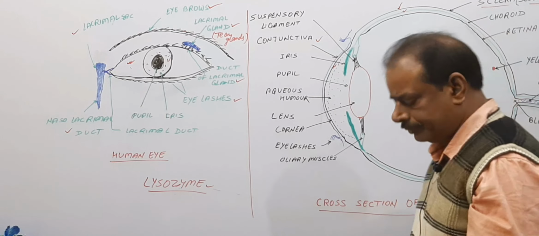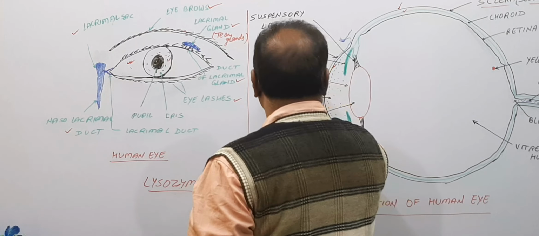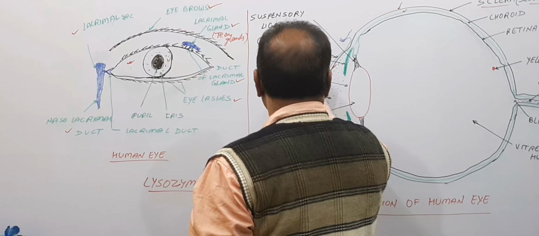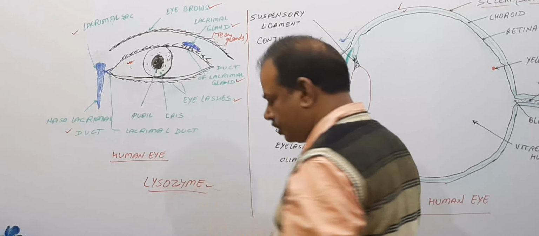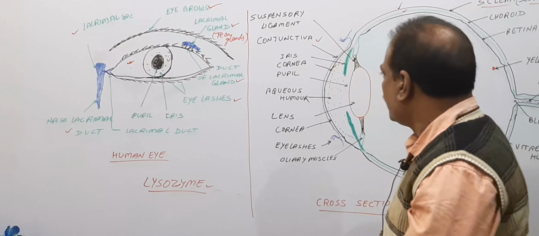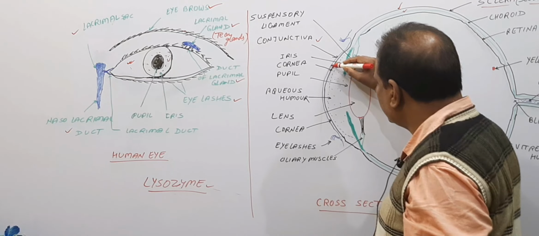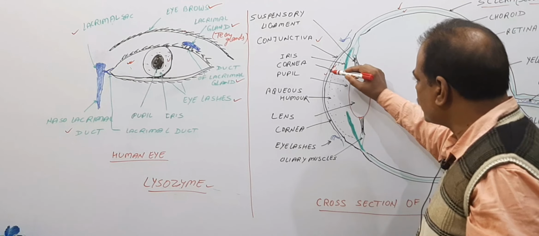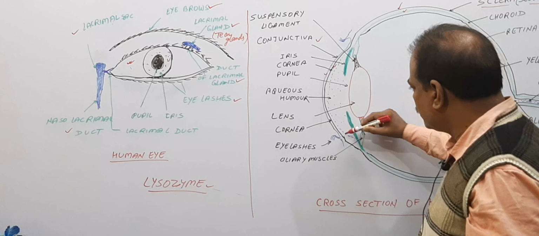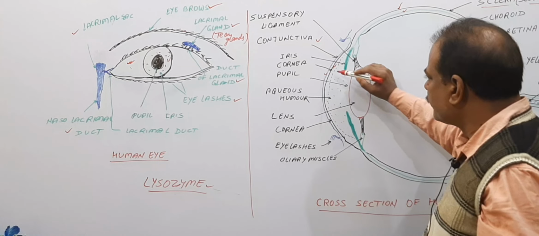So the cornea forms the second layer, and above the cornea, here it is the conjunctiva. The conjunctiva is connected with the two eyelids, and it is protective in nature.